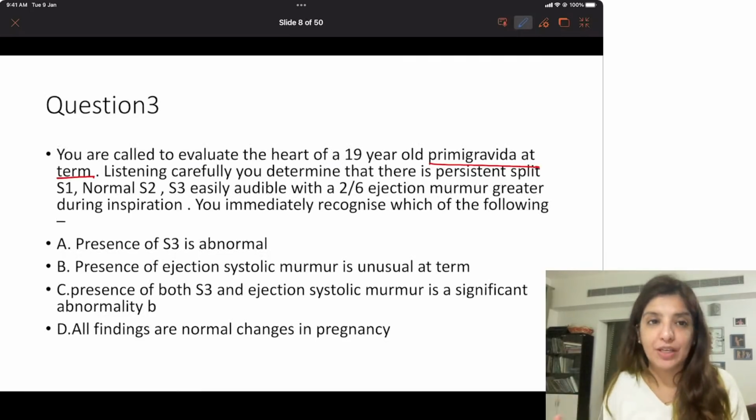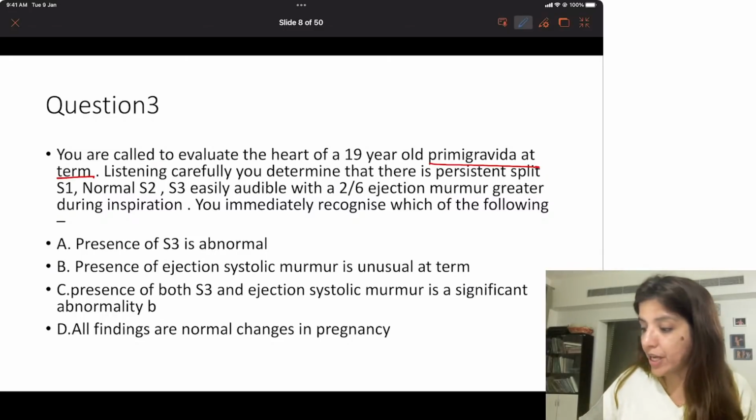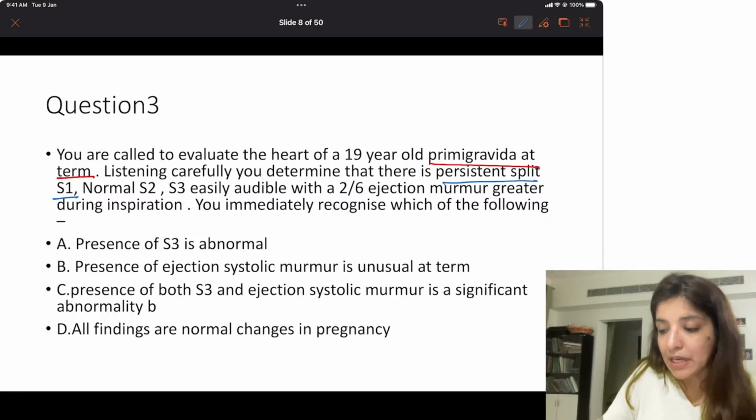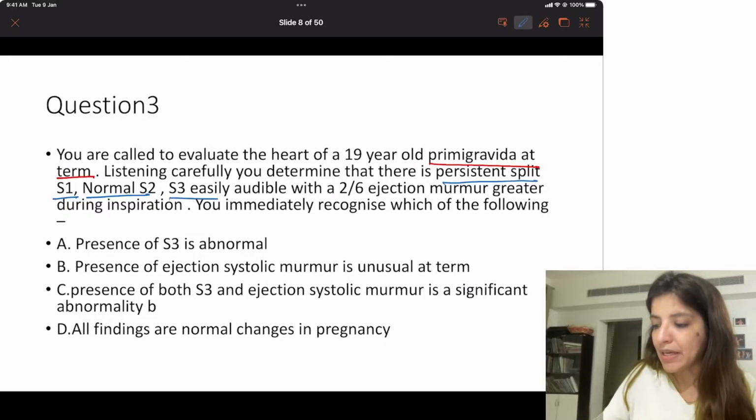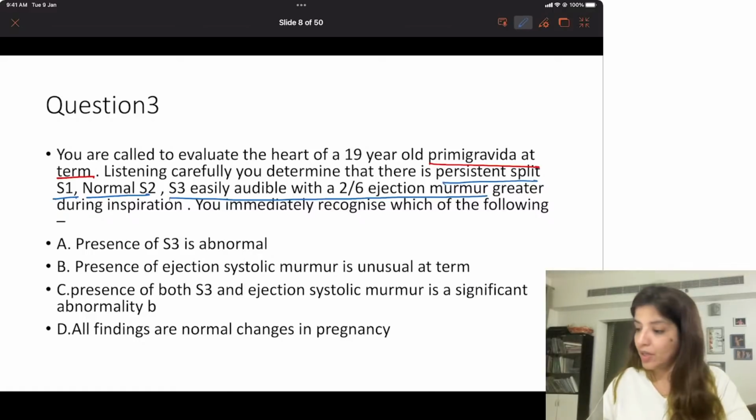Coming to question number 3. You are called to evaluate the heart of a 19-year-old primigravida at term. Listening carefully, you determine that there is persistent split S1, normal S2, S3 can be easily audible, with an ejection systolic murmur of grade 2/6. The murmur is greater during inspiration.